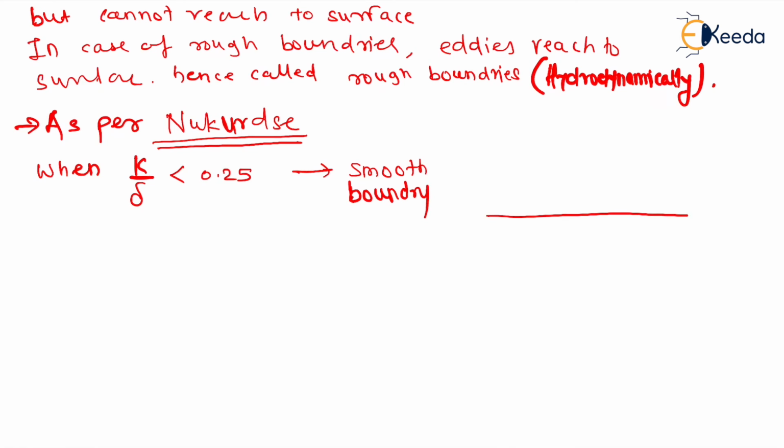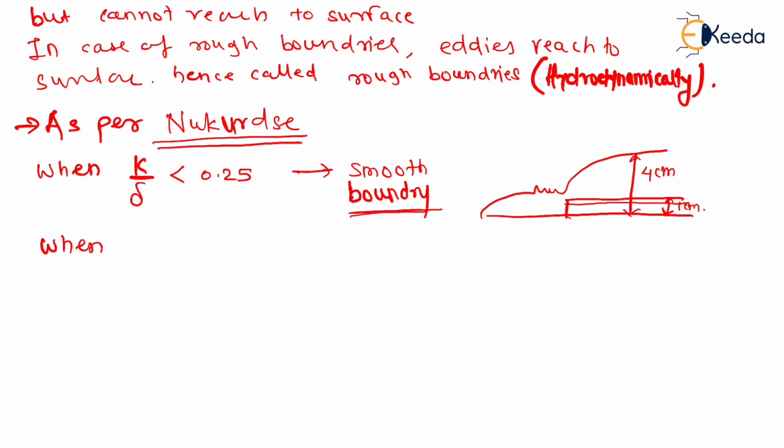Practically speaking, if this is the first zone, this is transitional, this is turbulent, this is the laminar zone, say the total is 4 centimeter and this is 1 centimeter, so this ratio is 1 upon 4, that is 0.25. If this k value is less than 0.25, if the thickness of this layer is less than 1 centimeter in case of a 4 centimeter thick boundary layer, then the boundary will be called a smooth boundary.